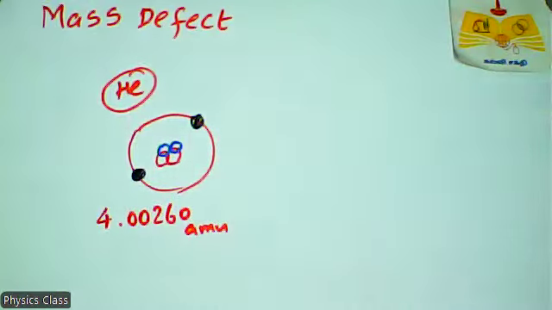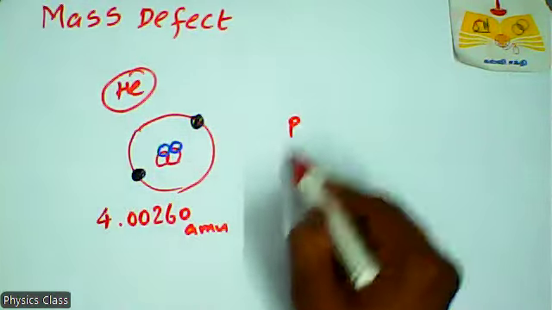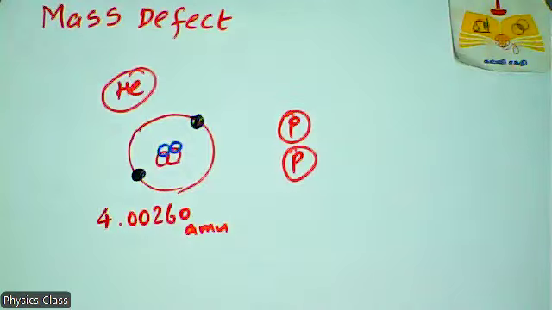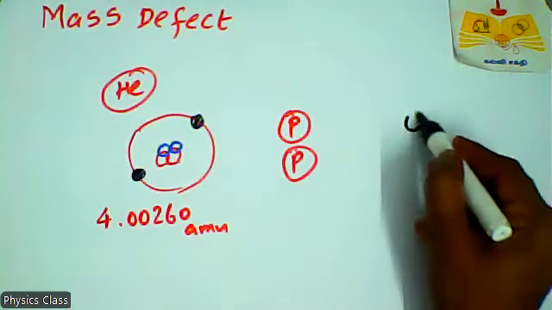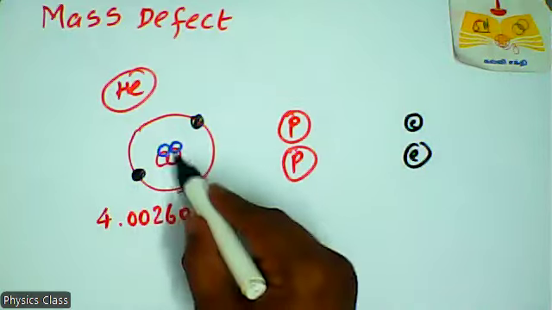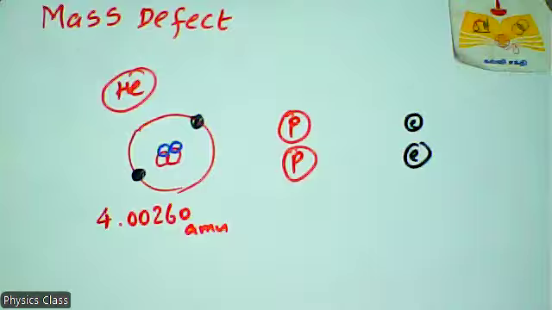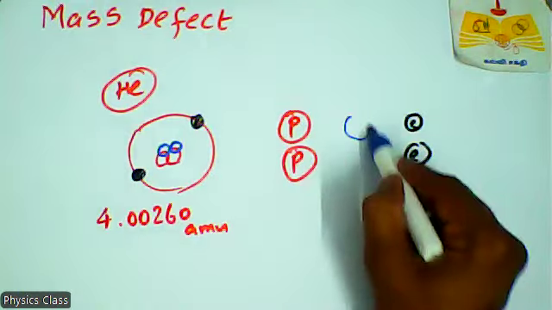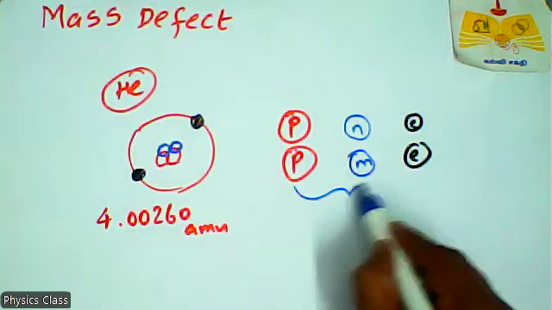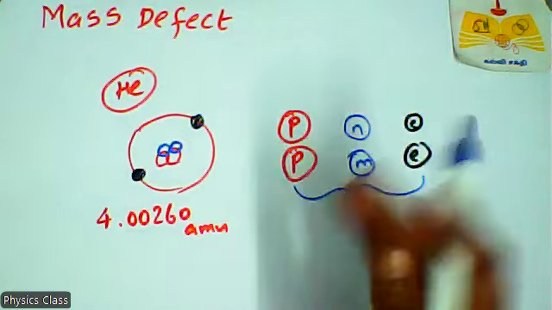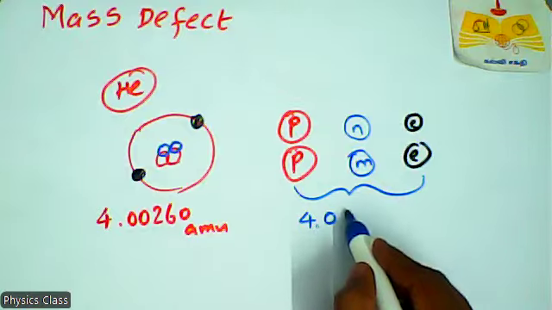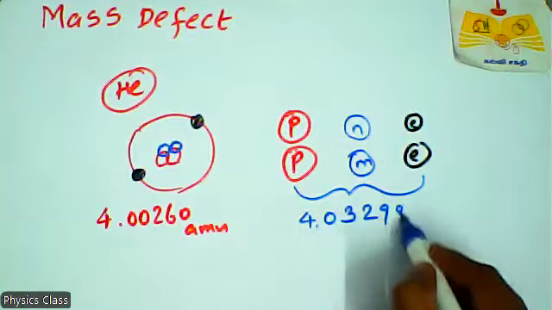And its components, two protons, two electrons, and two neutrons, have a total mass of 4.03298 AMU.